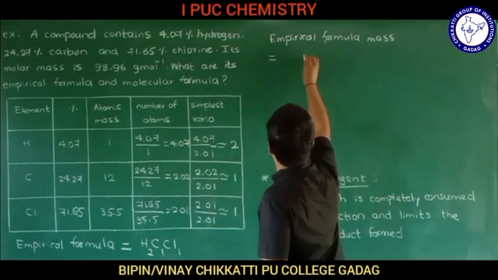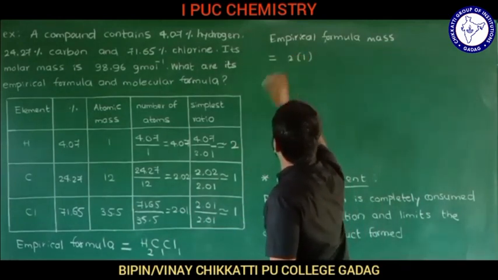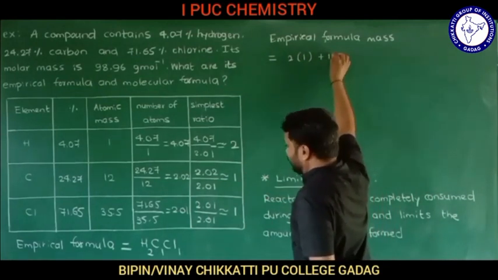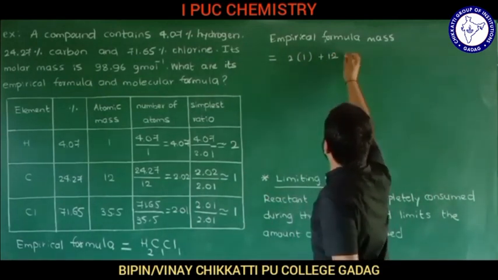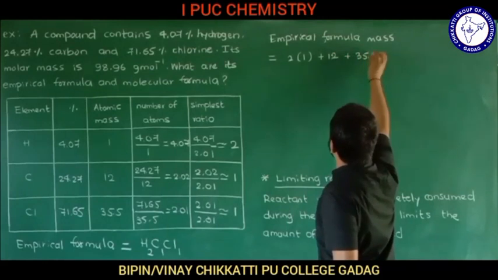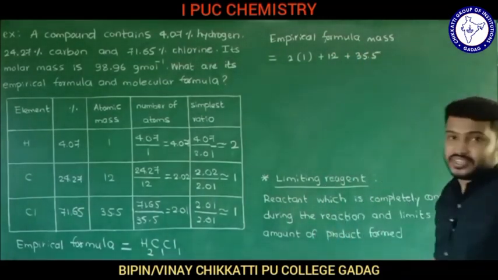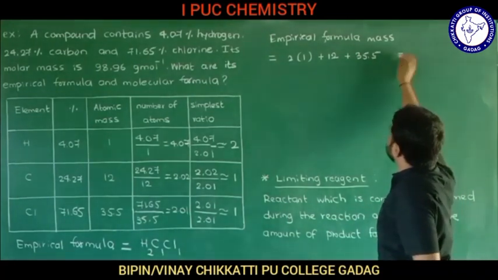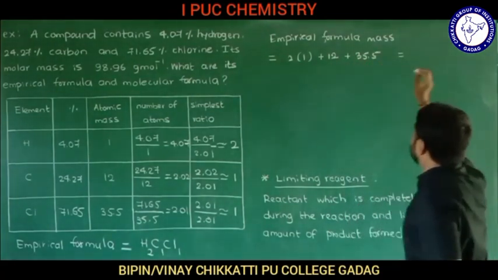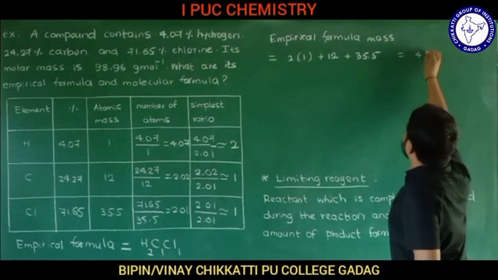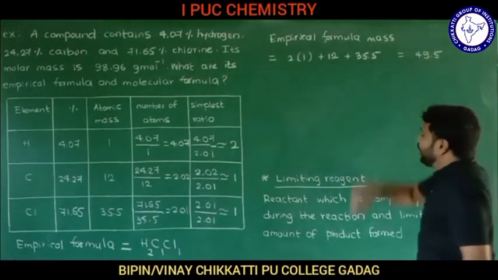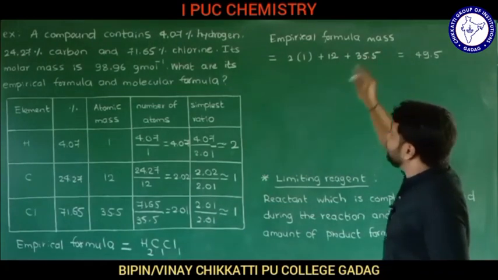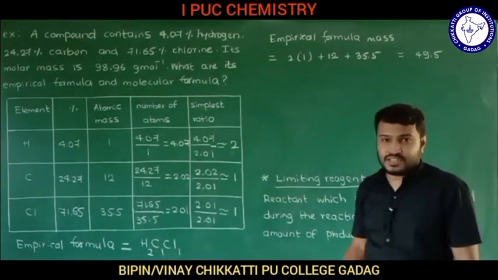Hydrogen atomic mass is 1. How many hydrogens we have? 2. Okay. Carbon, what is that? 1 we have, that is 12, and chlorine, that is 35.5. If you add this, you are going to get the empirical formula mass. 2 plus 12, 14, 14 plus 35.5, I think 49.5 you are going to get. So that 49.5 grams, that is the empirical formula mass.